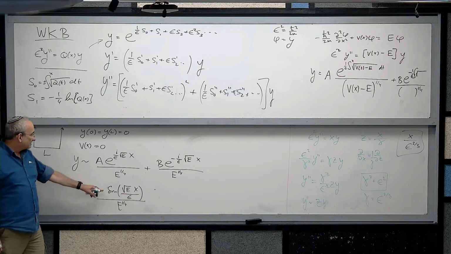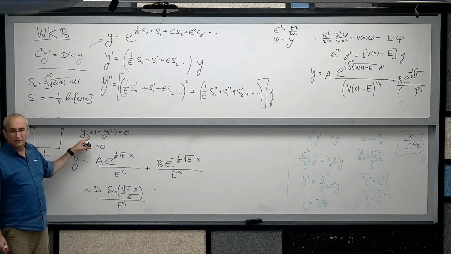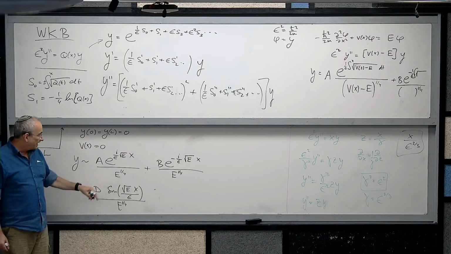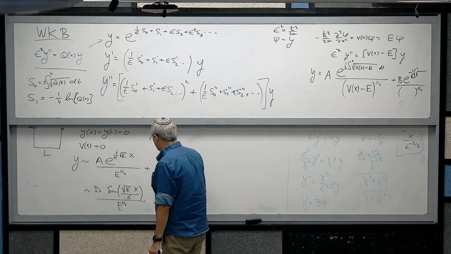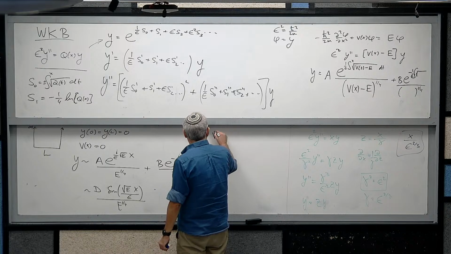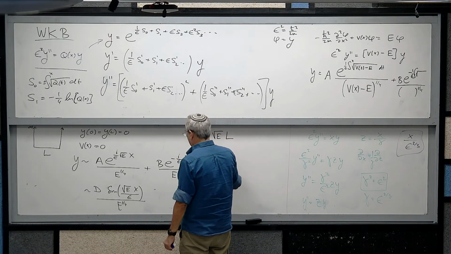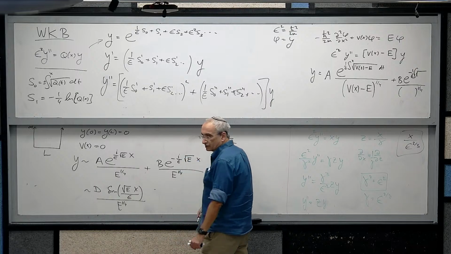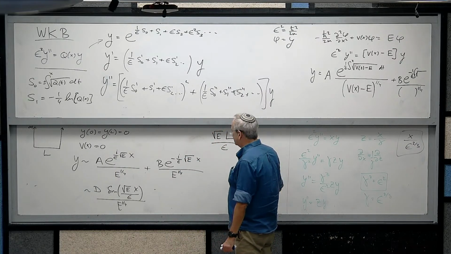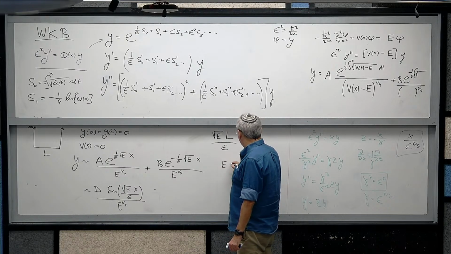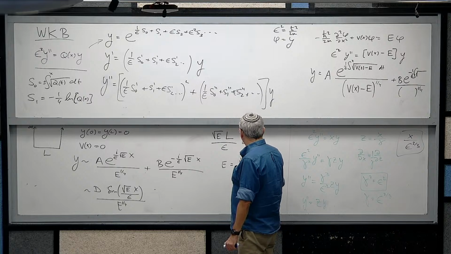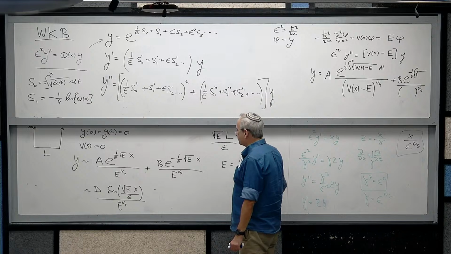This automatically satisfies that y of 0 is 0, but it doesn't yet satisfy that y of L is 0. To satisfy that, I should require that the square root of E times L divided by epsilon is n pi, which means that E is n squared pi squared epsilon squared over L squared.